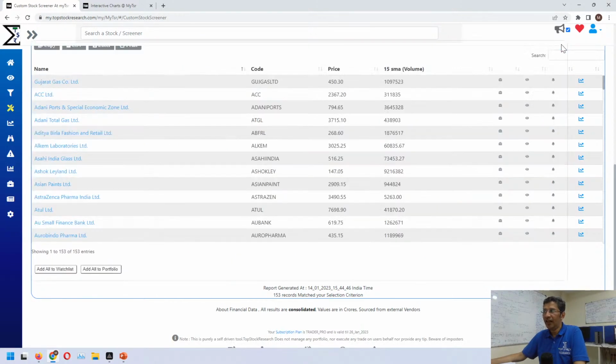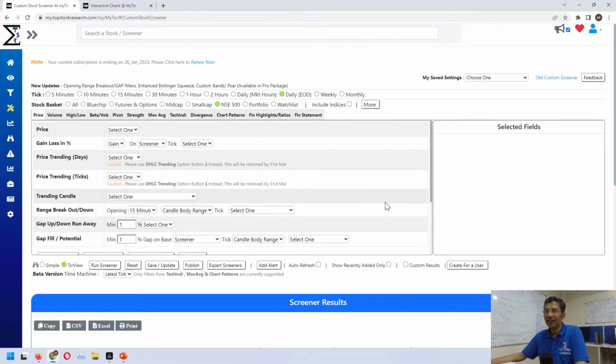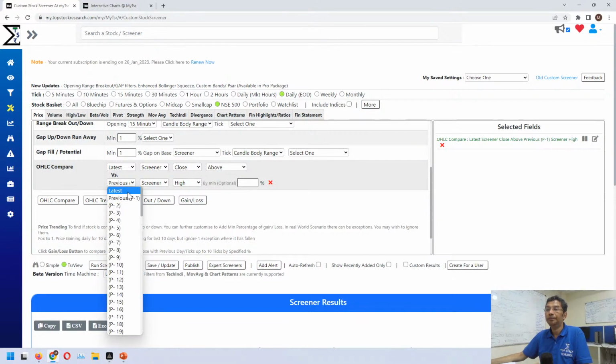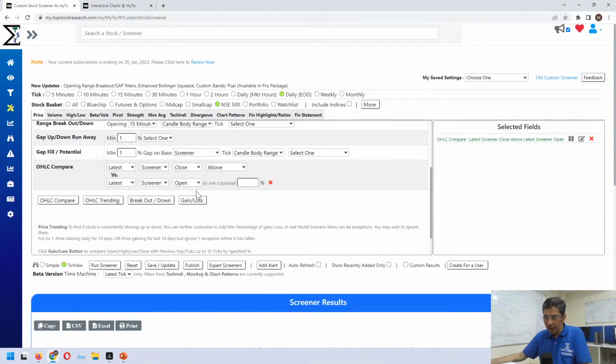Now somebody mentioned how to find the candle size. So let me reset candlestick. One thing you can look at is basically the latest day close being above the latest day open, for finding a green candle by, let's say, 2%, right?